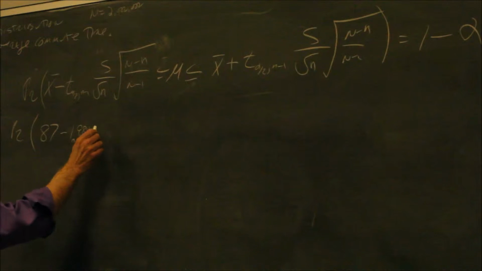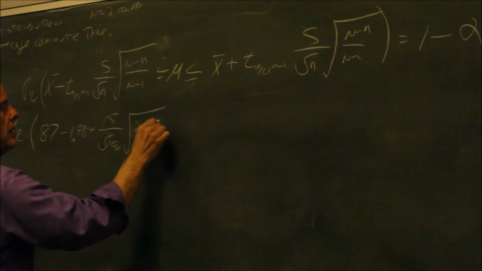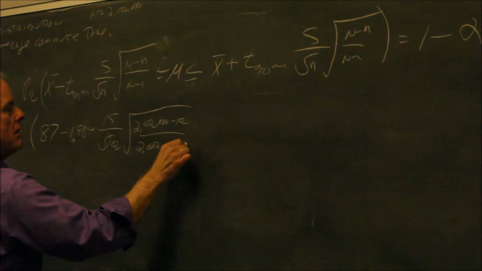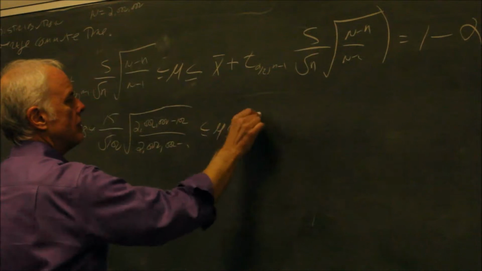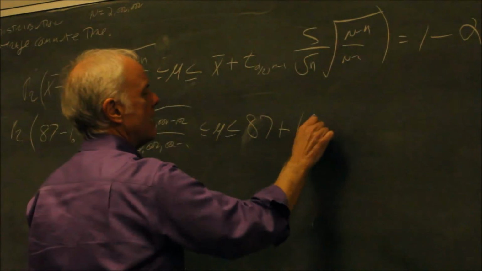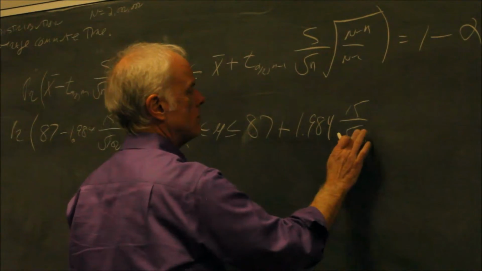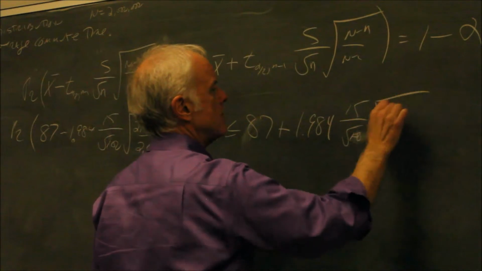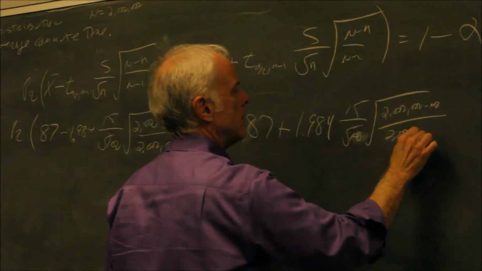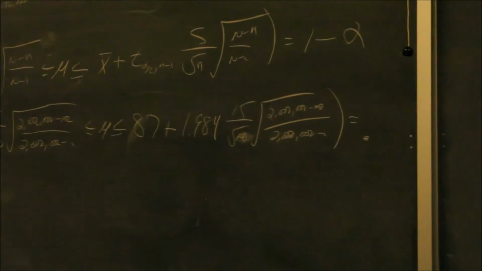S was 15 minutes divided by the square root of 100 times 2 million minus 100 over 2 million minus 1, less than or equal to mu, less than or equal to 87 plus 1.984 times 15 over the square root of 100 times 2 million minus 100 over 2 million minus 1, is equal to 0.95.